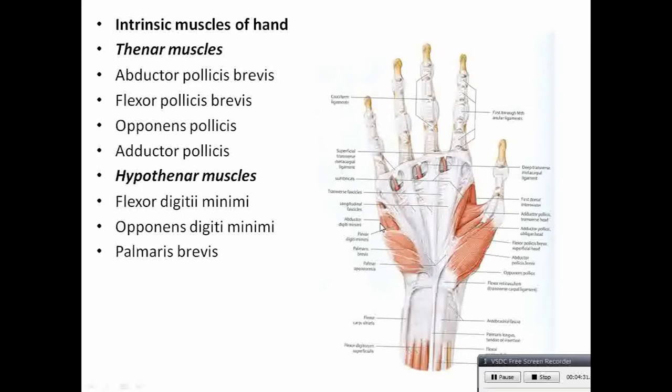So we have abductor digiti minimi, flexor digiti minimi, and when you remove these two muscles, deep to that there is opponens digiti minimi, and in the superficial aspect there is palmaris brevis. So there are four muscles: palmaris brevis, flexor digiti minimi, abductor digiti minimi, and deep to that opponens digiti minimi.